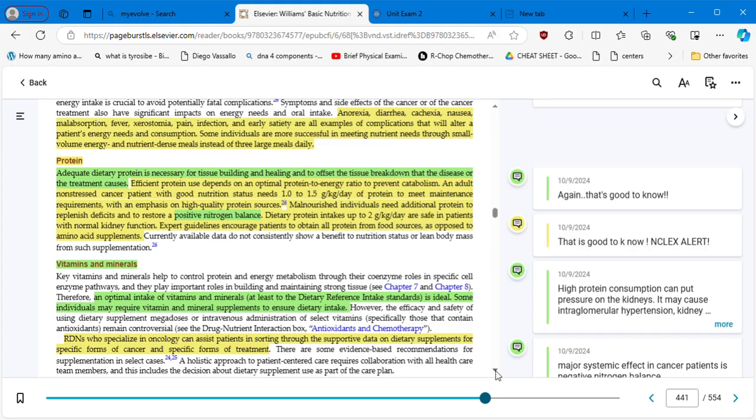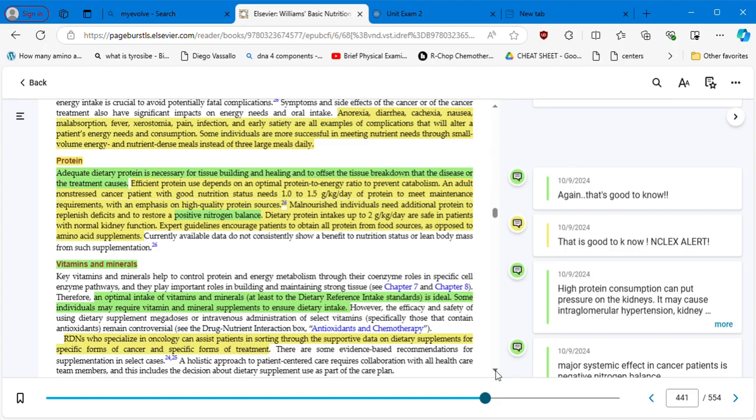So then protein, that's good to know. Adequate dietary protein is necessary for tissue building and healing and to offset the tissue breakdown that the disease or the treatment causes. So efficient protein use depends on an optimal protein to energy ratio to prevent catabolism.